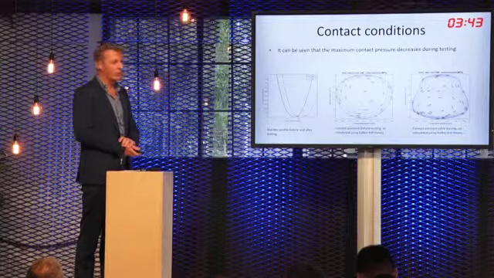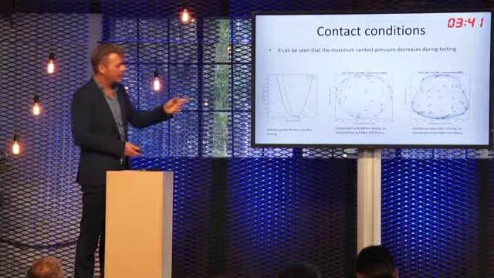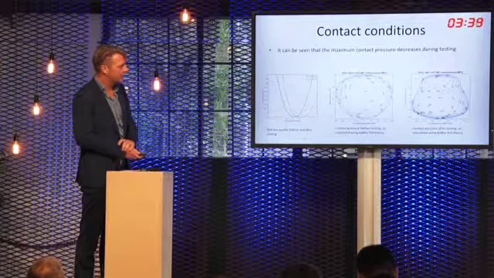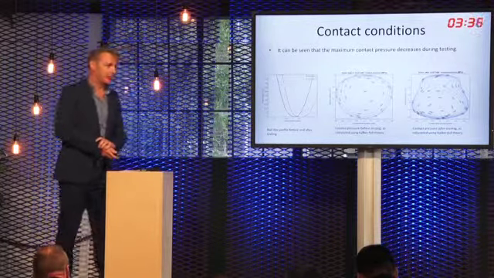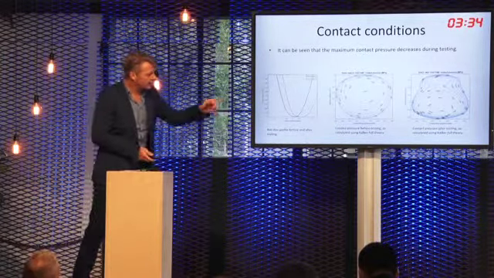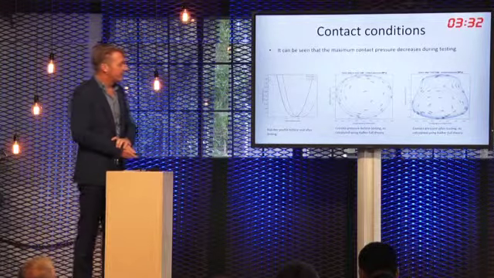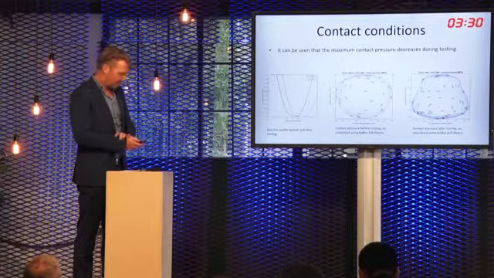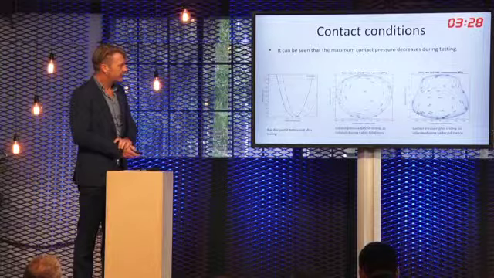So the Kalker full theory was used here to calculate the contact stresses and also the T-gamma values. Now you can see that there are some changes that have occurred during testing due to these deformations.